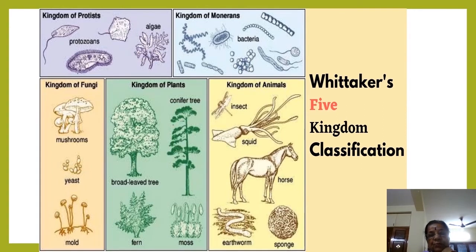Then kingdom of Plants. This shows conifer tree, broad-leaved tree, fern, mosses. Actually these are bryophyte, pteridophyte, gymnosperm, angiosperm.